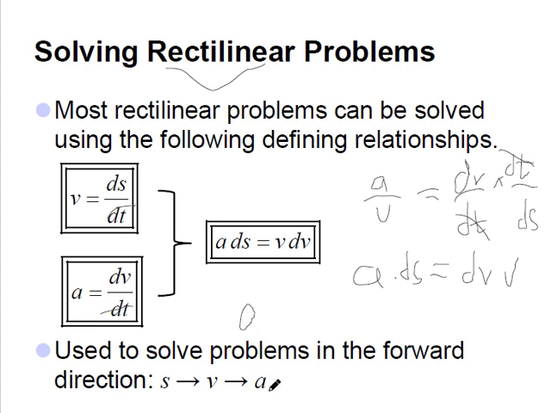Okay, so we now know how the position changes. You can find the velocity by using this equation. You can find the acceleration by using this equation.